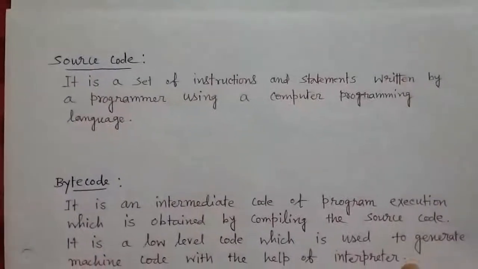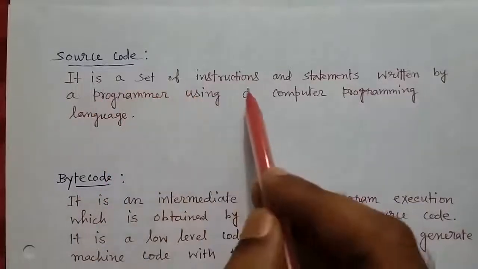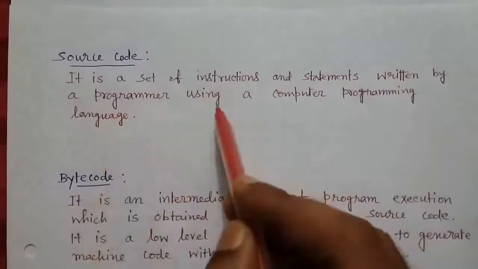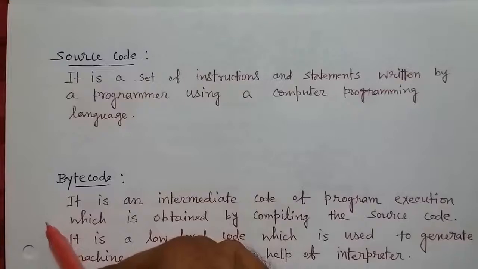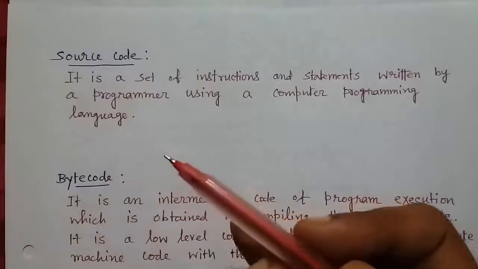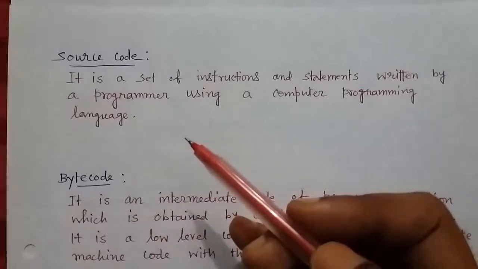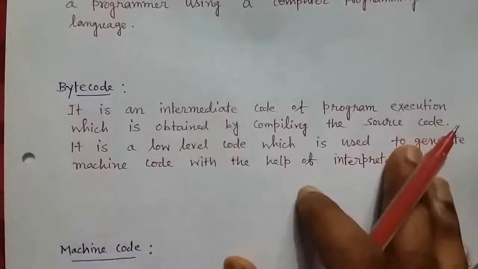At first, source code. What is the definition of source code? It is a set of instructions and statements written by a programmer using a computer programming language. Whatever program is written by us is actually the source code. And now the bytecode. What is bytecode?